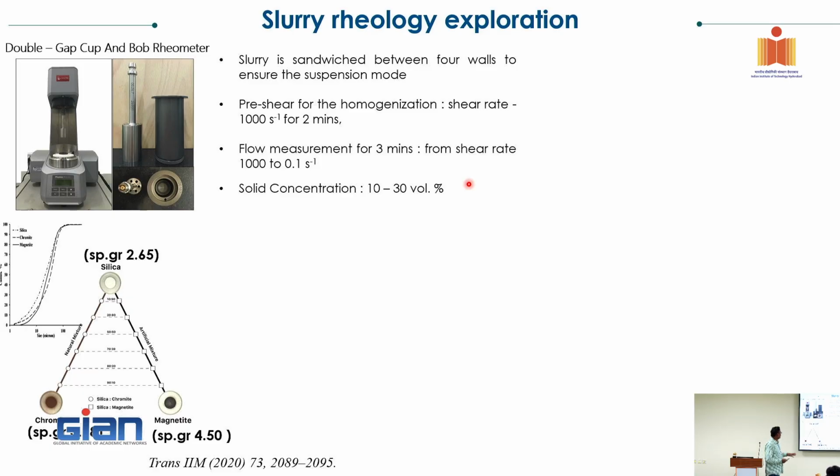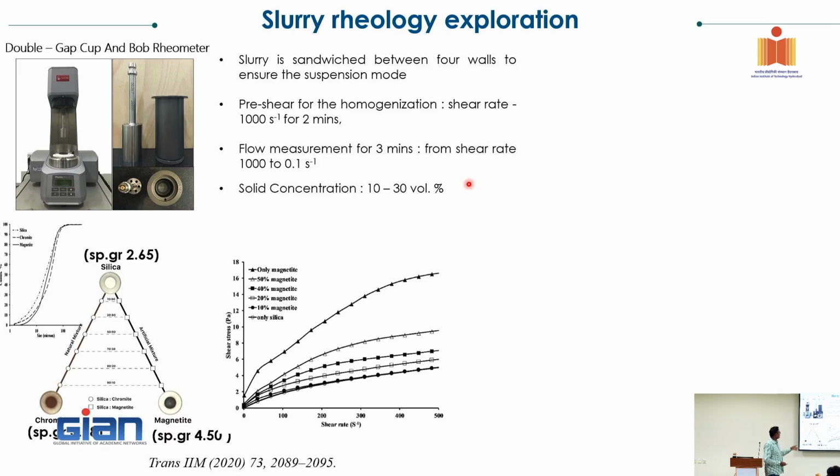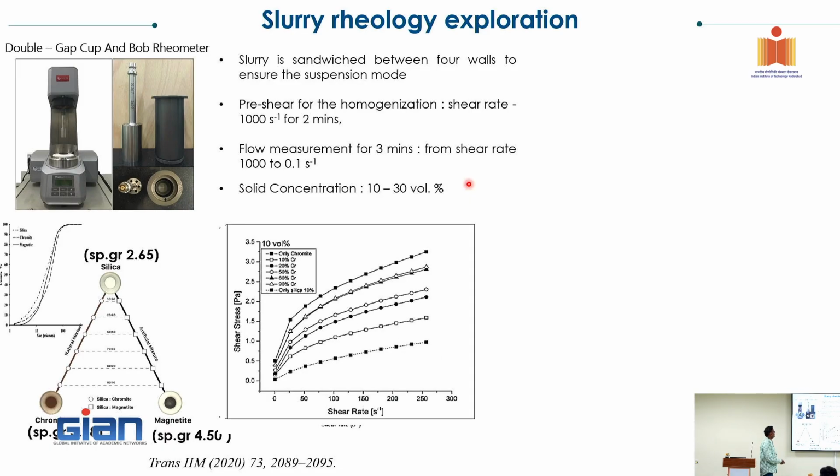So the combinations are silica-magnetite and silica-chromite, and this is like a concentrated chromite. When you look at it, we have also looked at how the shear stress versus shear rate goes on. For example, with only magnetite, this is the behavior. But as you reduce your magnetite content with the silica, your shear rates also become very different, and shear stress, shear rate, and your viscosity also change.